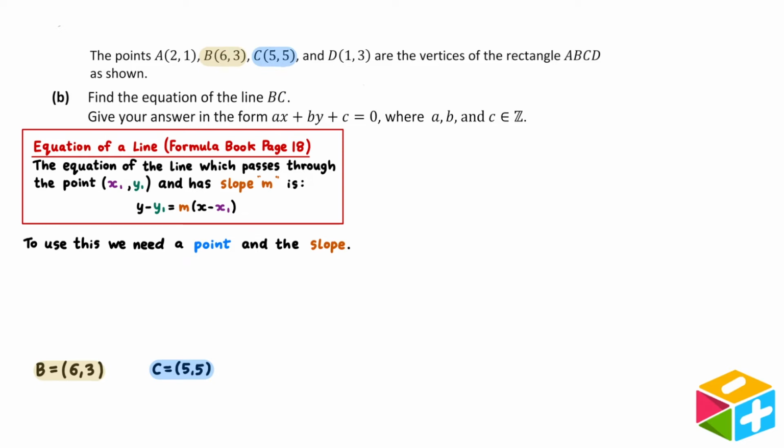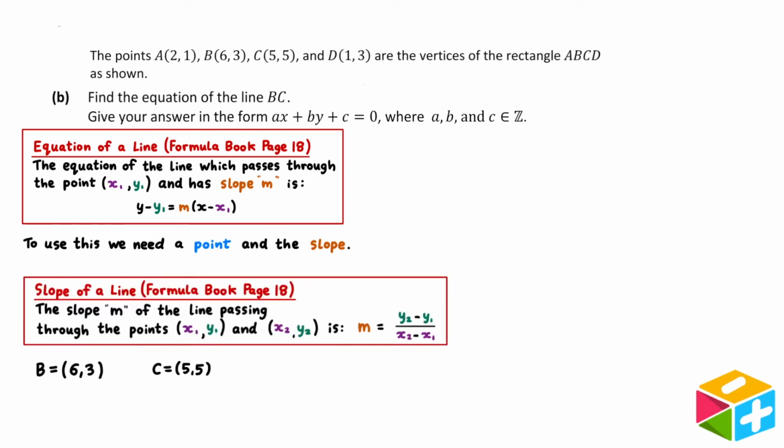B = (6, 3), and C = (5, 5). Either of these will do when it comes to the point in our equation of a line formula. The other thing we need is the slope, and unfortunately we don't know this. However, we can calculate it.